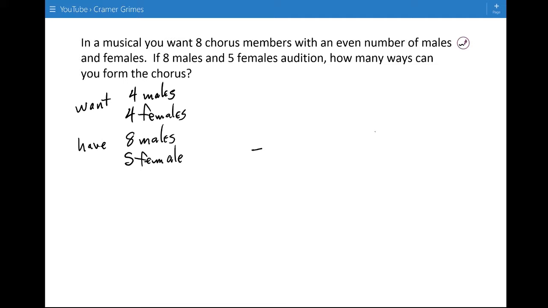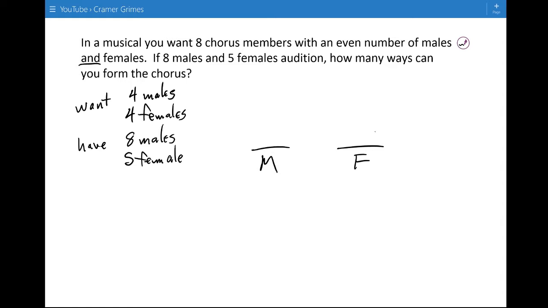So here, my 2 ideas that I'm dealing with would be my male chorus members and my female. And here we do have and that pops up, but one way that you can always tell is to try to link the 2 ideas and say it out loud. So here, does it make sense for my 8 chorus members to be 4 males or 4 females? Or does it make sense for me to say that my 8 chorus members will comprise 4 males and 4 females?